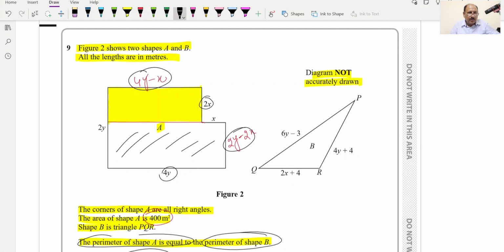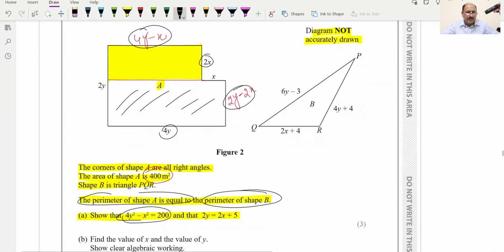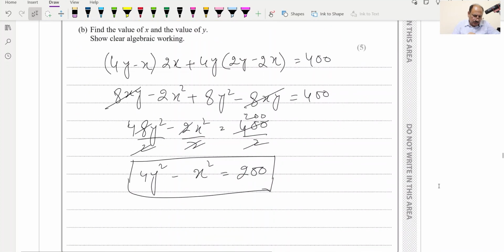We can add all the sides of this, so 6y plus this will be, okay, so I will write down all the sides and we can add. So 6y minus 3. Perimeter of B we can write first, and then perimeter of A. So perimeter of A, okay, no problem.